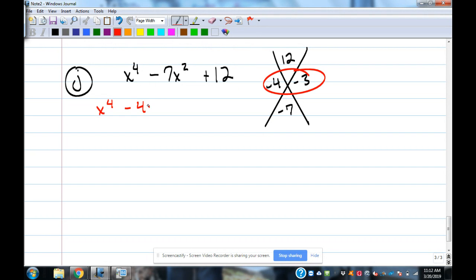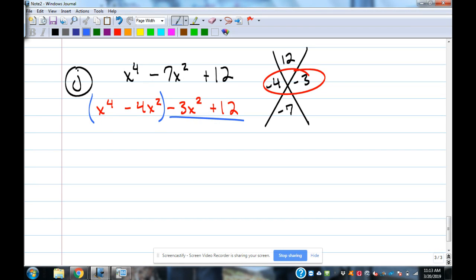So this would be -4x squared minus 3x squared. In the middle term we're replacing, and they both have the x squared on them because that's what the middle term had. Right? And then it's got how many terms in it now? 4, which allows us to do the grouping for those.